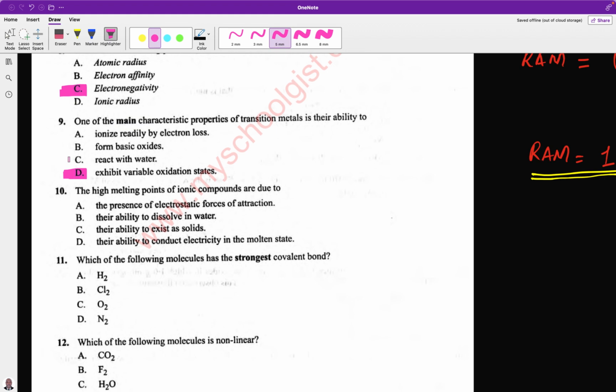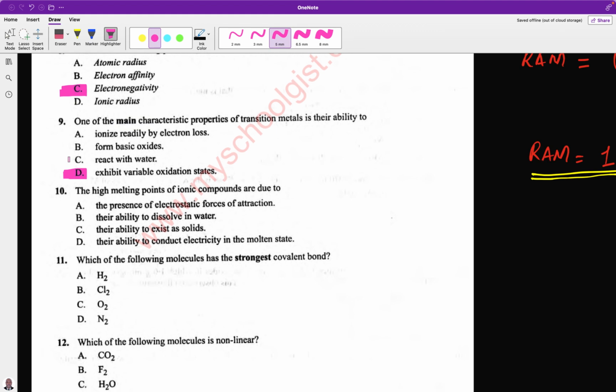So let's go to our question. The high melting point of ionic compounds are due to the presence of A, electrostatic forces of attraction. I just mentioned it. B, their ability to dissolve in water will not determine their high melting point. C, ability to exist as solids does not determine their melting point.